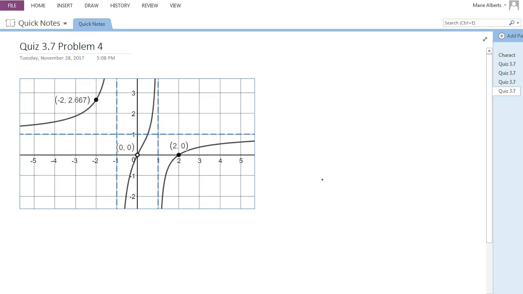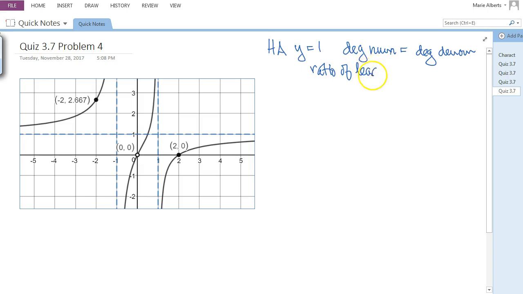Okay, last problem. We have a horizontal asymptote of y equals 1. So again, that says that the degree of the numerator is the same as the degree of the denominator, and that the ratio of the leading coefficients is 1.